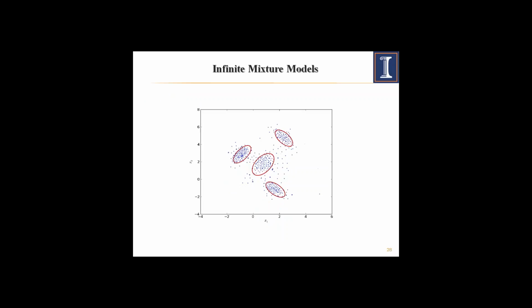So you can use infinite mixture models to let the data say how many Gaussian distributions there are. The goal is to find these Gaussian distributions, find the mean and the standard deviation for them, and also find the probability that a single data point comes from a specific Gaussian distribution.